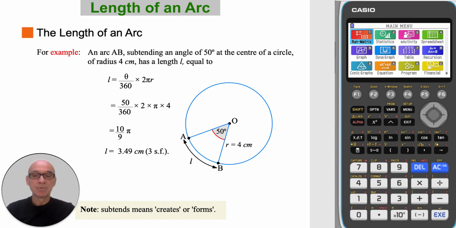In this example, an arc AB subtending an angle of 50 degrees at the centre of a circle of a radius of 4 centimetres has an arc length L equal to the value shown.